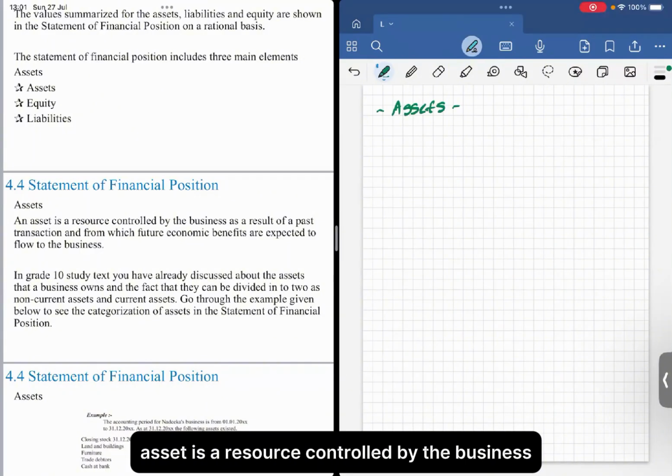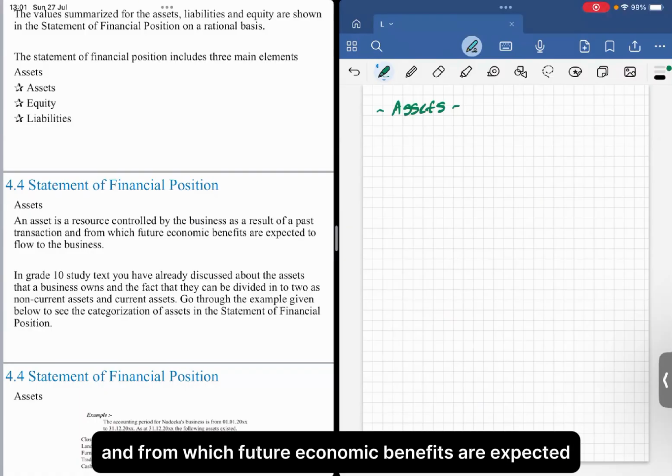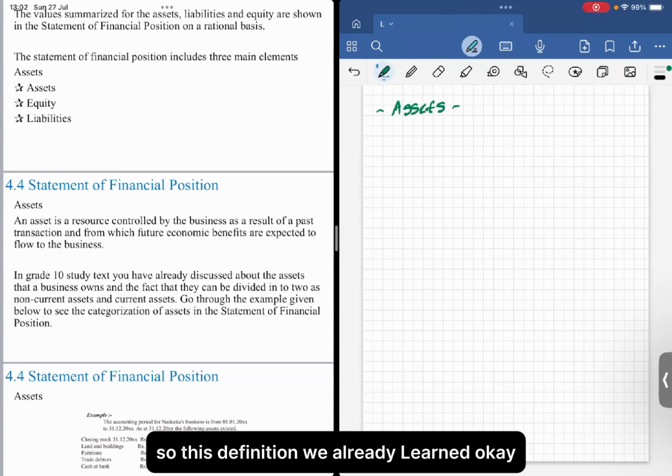An asset is a resource controlled by the business as a result of past transactions and from which future economic benefits are expected to flow into the business. This definition we already learned.